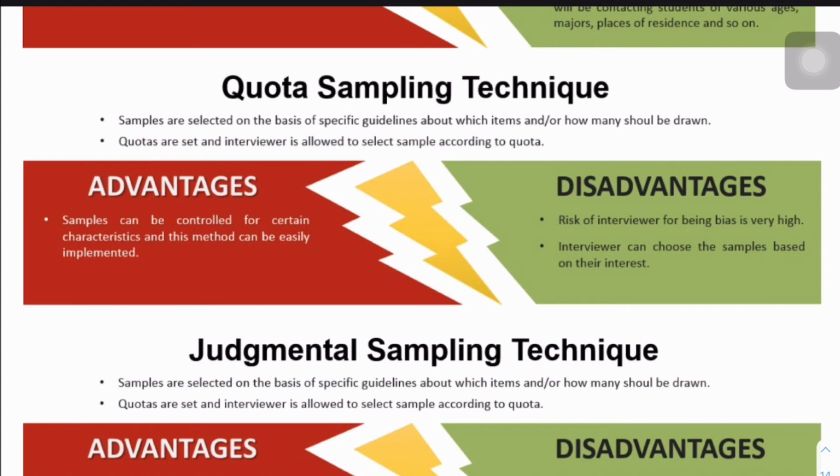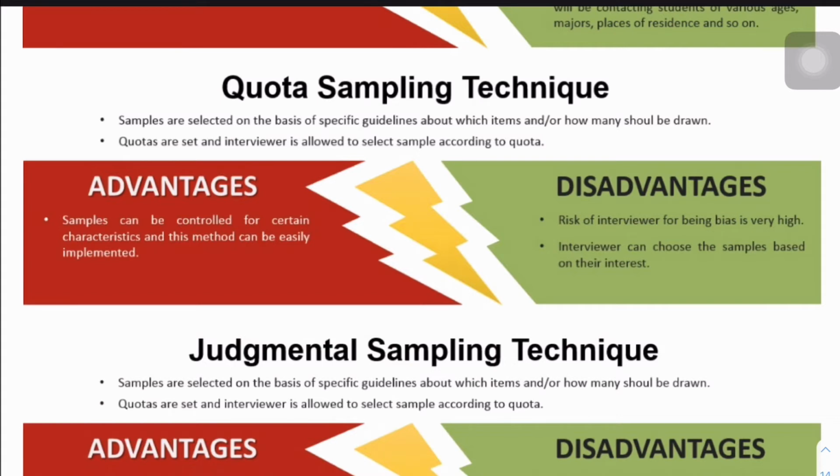Okay guys, so next is quota sampling technique. So quota sampling technique also falls under non-probability sampling technique. Okay, so what is quota sampling technique? So quota sampling technique is when the samples are selected on the basis of specific guideline about which item and or how many should be drawn.